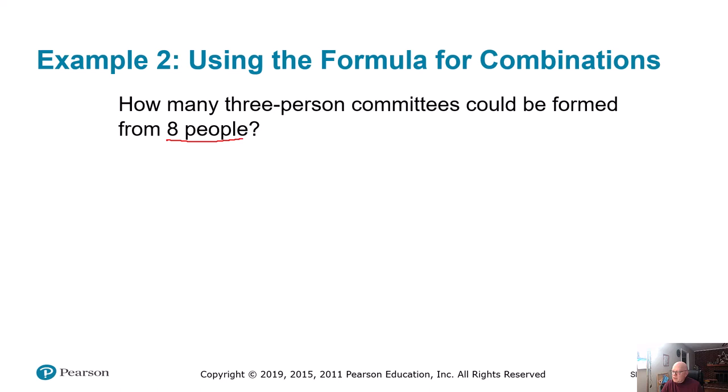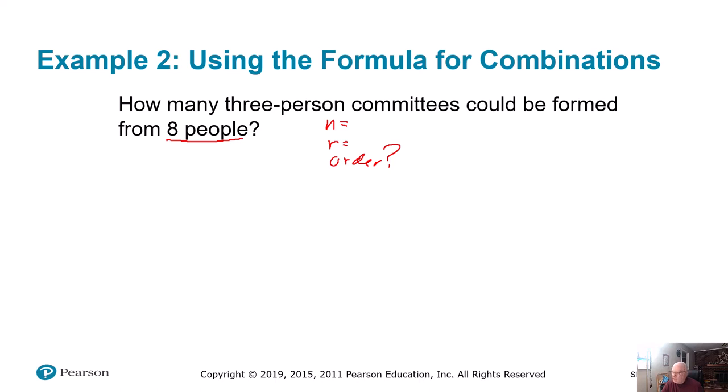Well, one thing you have to do is decide what n is, what r is, and decide whether order makes a difference. We've seen this already. A 3-person committee, you're on it or you're not on it. It doesn't matter when you're chosen for the committee. So order does not matter.